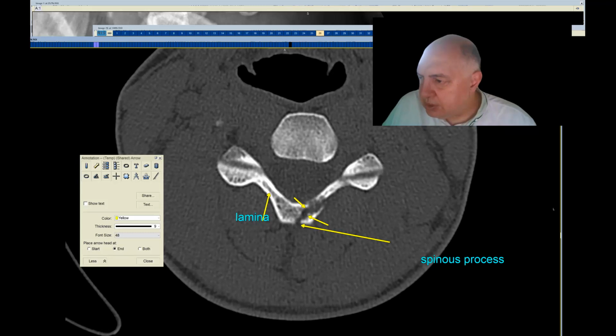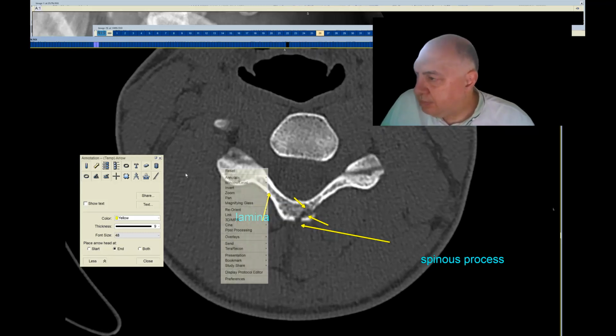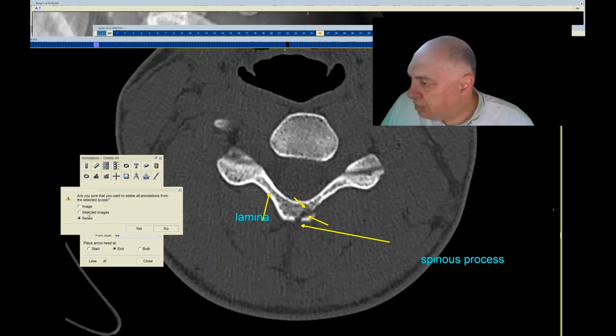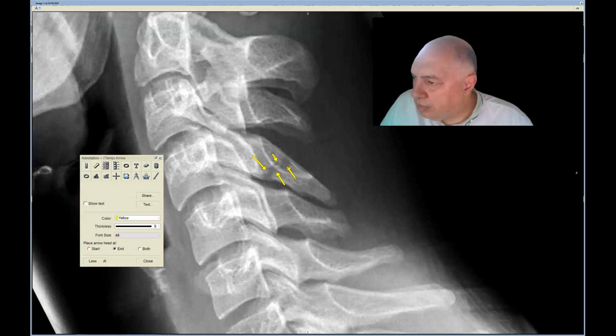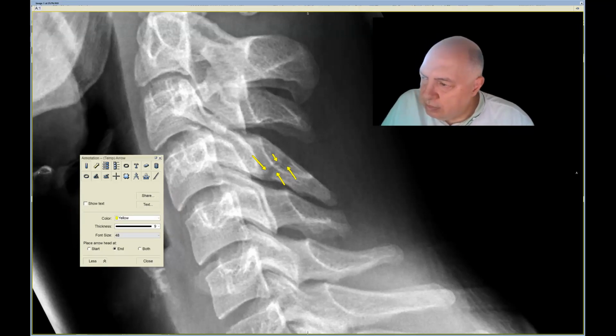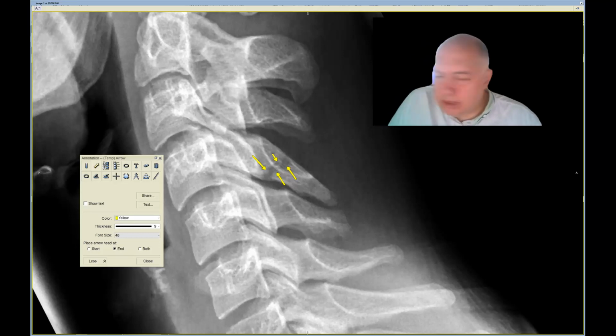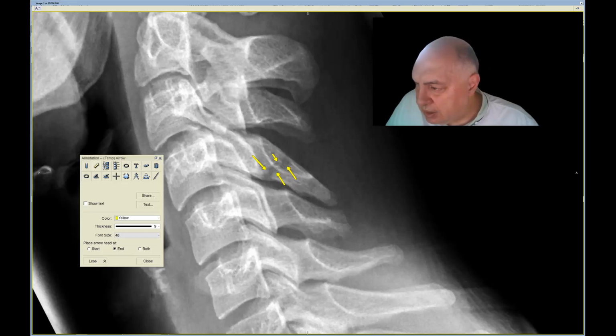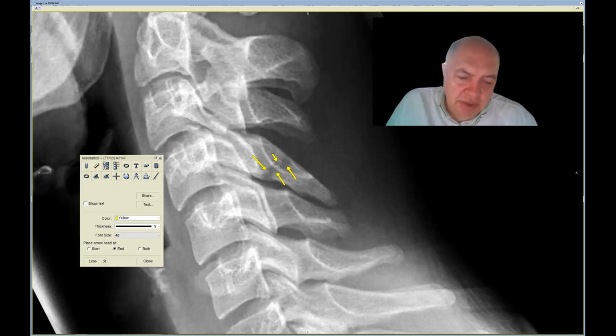See the facet joints. So this is a fracture of the C4 lamina and extending into the spinous process of C4, a stable fracture of the cervical spine.